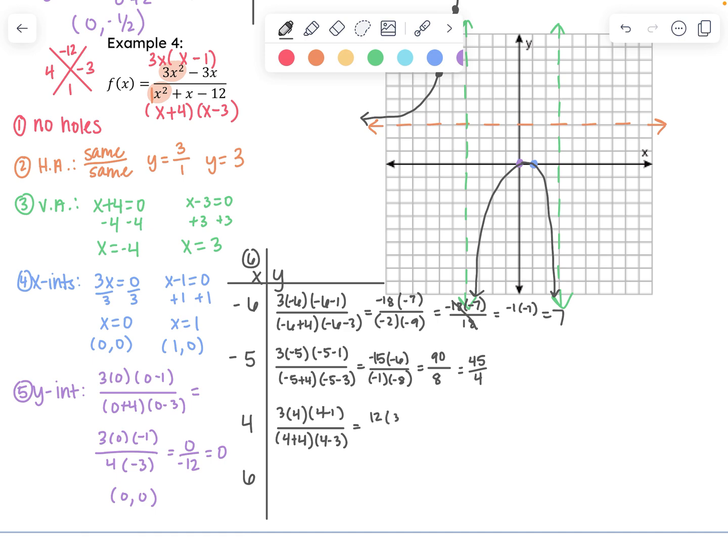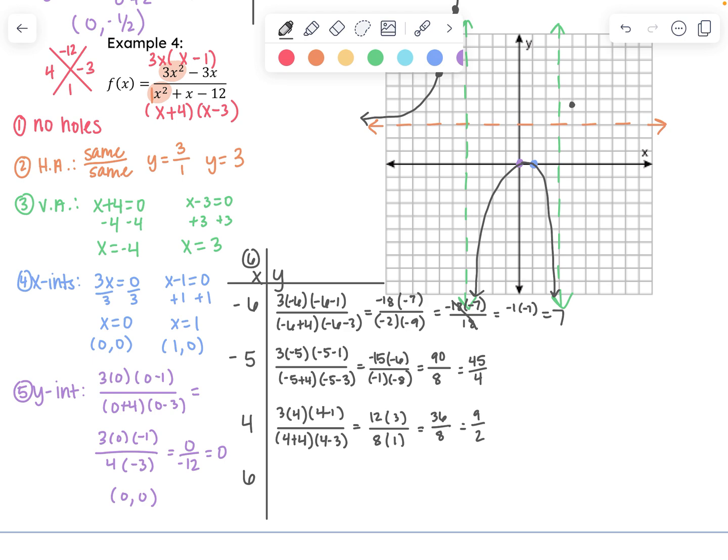So 12 times 3 over 8 times 4 minus 3 is 1. So 12 times 3 is 36 over 8. We're both divisible by 4. 36 by 4 is 9. 8 by 4 is 2, so 9 halves. So 4 and 9 halves. So 2, 4, 6, 8, right there.